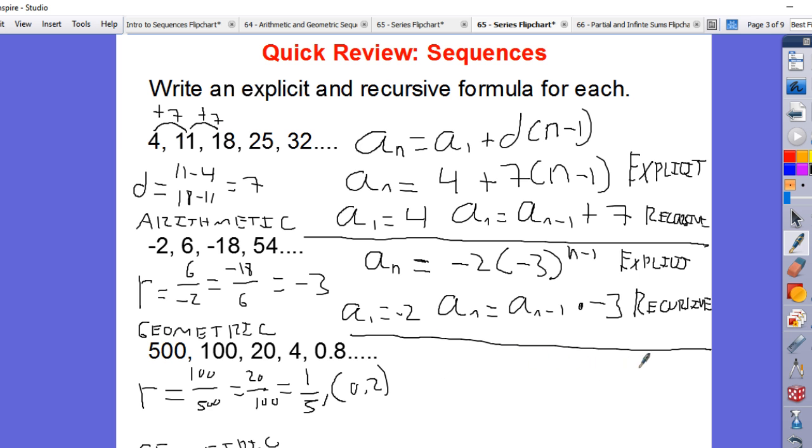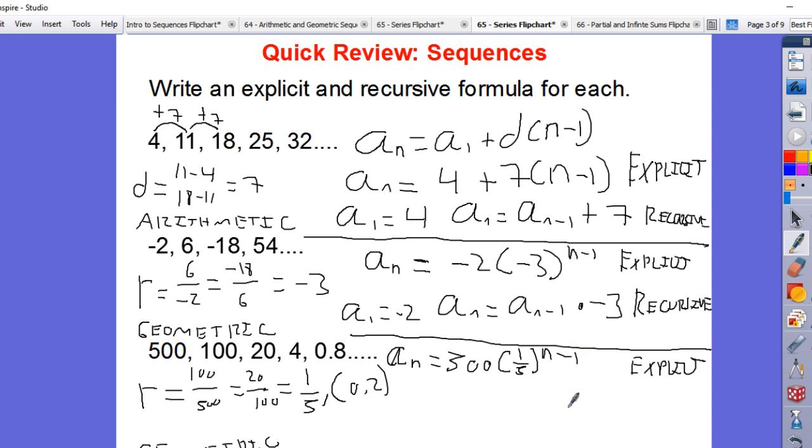Now, our explicit form. This is geometric again. So, what do I write for my explicit form? What would I write? The full thing. An equals 500 times 1/5 to the previous term. All right. And then raised to what power? N minus 1.